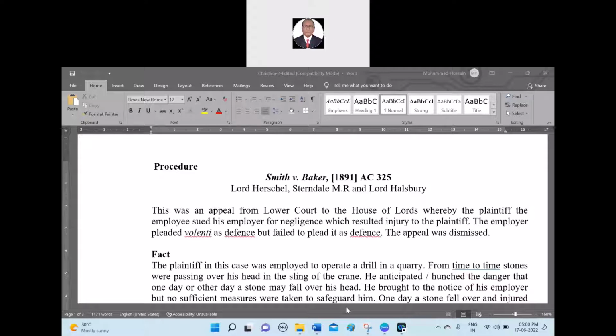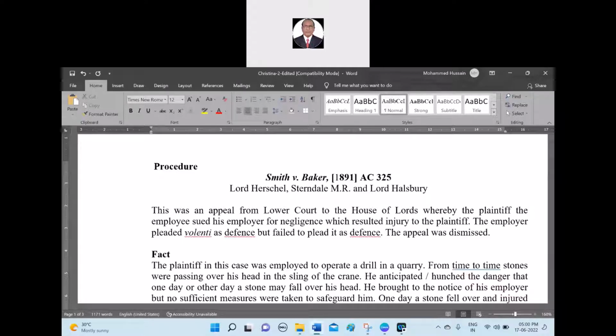And below, you should follow the style. The L of Lord should be a capital letter, and the H of Herschel should be a capital letter. The first letter should be a capital letter, and MR is an initialism, so the R is followed by a full stop. Are you following me?